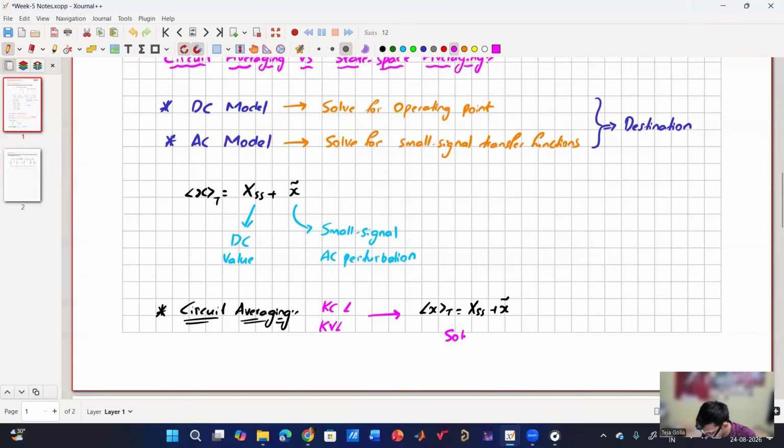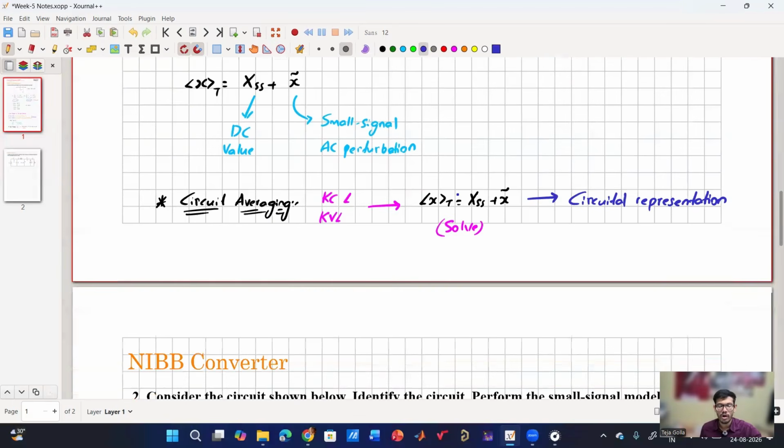And finally we'll try to represent it in terms of a circuit. So we can actually get the feeling of how the inductor is changing, how the capacitor is changing. So basically we are representing it in terms of the circuit itself.